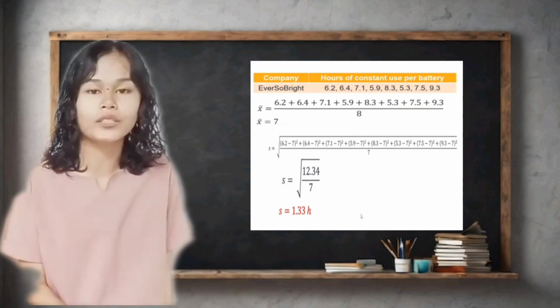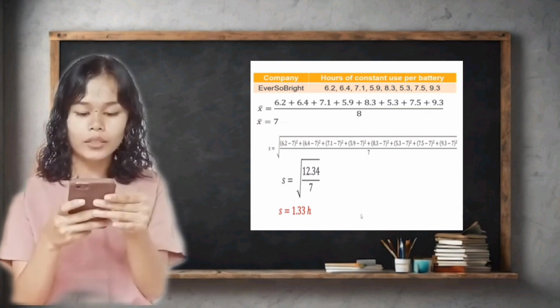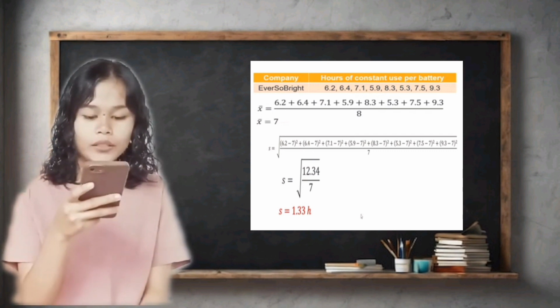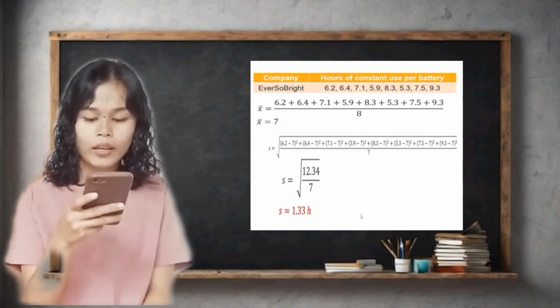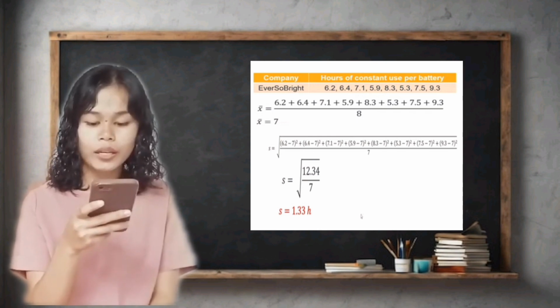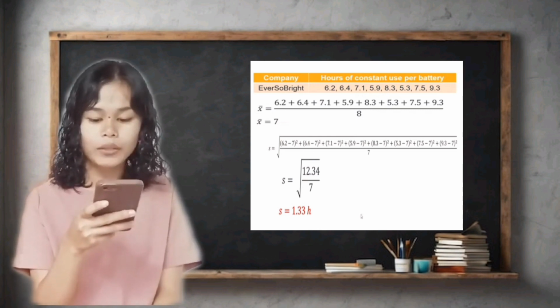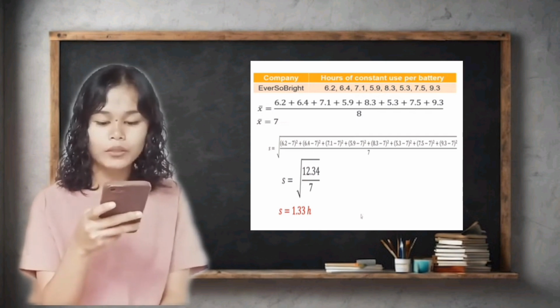Now we are going to solve this using standard deviation. Standard deviation equals 6.2 minus 7 squared plus 6.4 minus 7 squared plus 7.1 minus 7 squared plus 5.9 minus 7 squared plus 8.3 minus 7 squared plus 5.3 minus 7 squared plus 7.5 minus 7 squared plus 9.3 minus 7 squared.